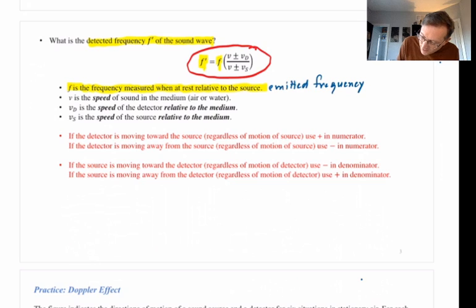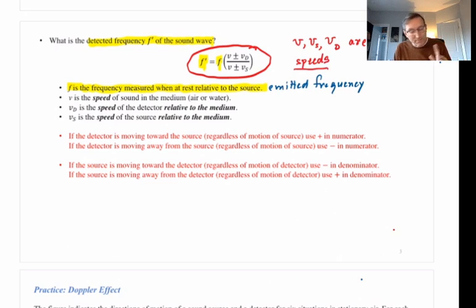All v symbols, whether it's a v sub s or a v sub d, are speeds, not velocities. Sorry about that, but that's the way this formula works. They're speeds, not velocities, so those v's can never be negative. No negative values for any of them. And you'll see I've got them all listed below as speeds in bold and italic.